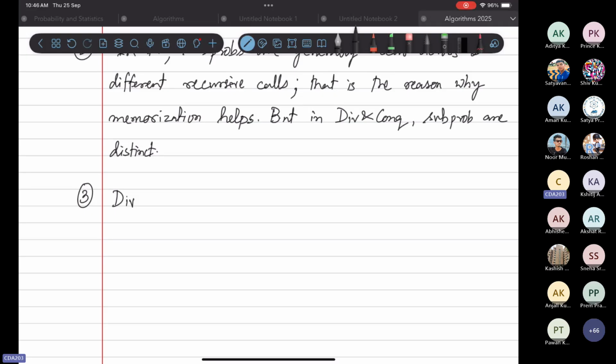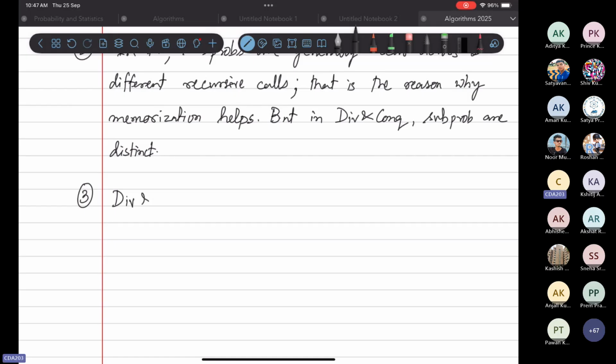But if we use a divide and conquer approach, that sometimes helps in improving the running time, and from that we get n to the power log 3 base 2.